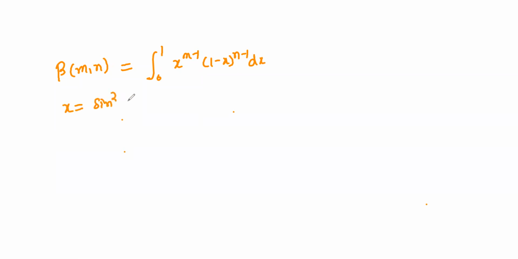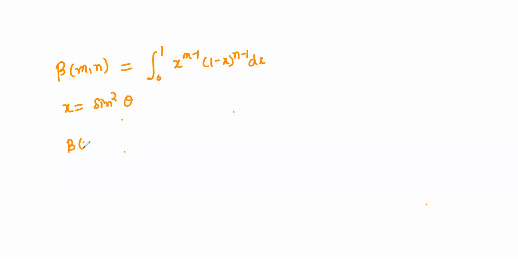Okay, so where we were, we have written beta(m, n) is equal to the integral 0 to 1 of x raised to m minus 1, 1 minus x raised to n minus 1, dx. And in terms of Euler's identity, we have put x equal to sine square theta.